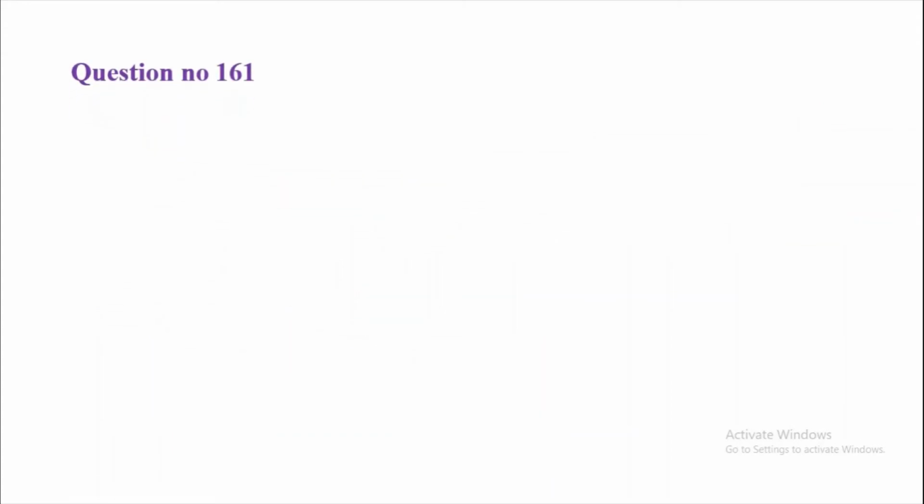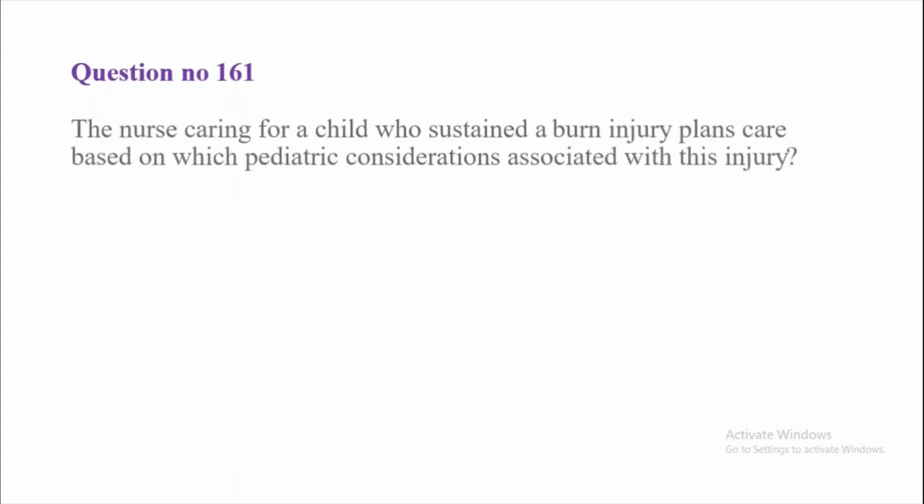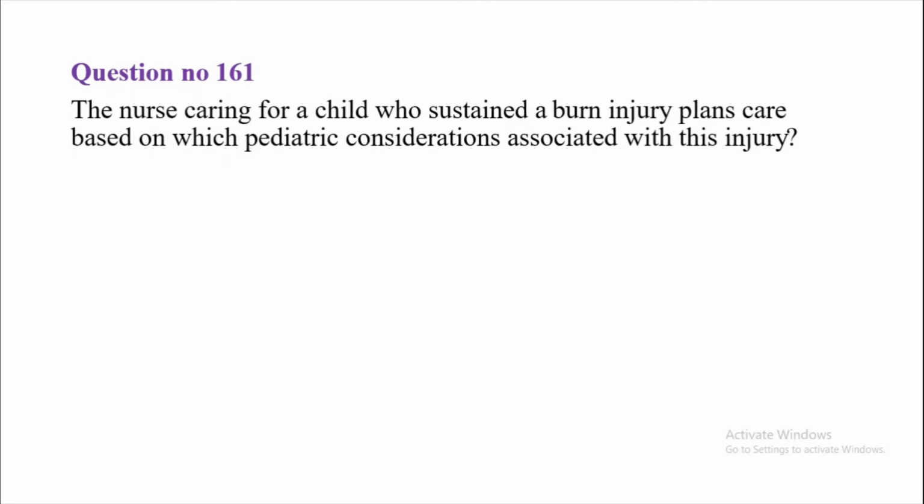Question number 161. The nurse caring for a child who sustained a burn injury plans care based on which pediatric consideration associated with this injury? The options are: number A, scarring is less severe in a child than in an adult.